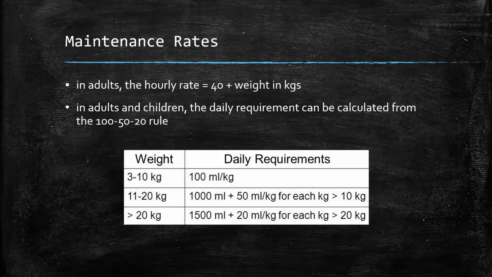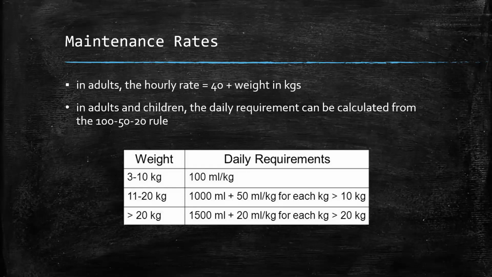And then, how much do we give? What would be an adequate maintenance rate? There's a number of ways to do this. If you remember from a few slides back, on day-to-day living, we take about 2,500 cc's of fluid in from all sources. So that's roughly 100 cc's per hour.